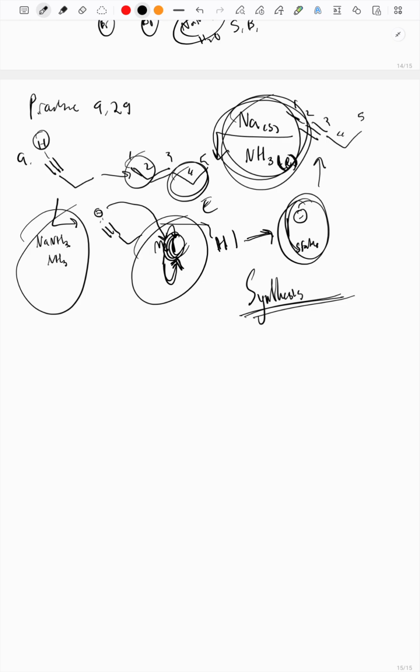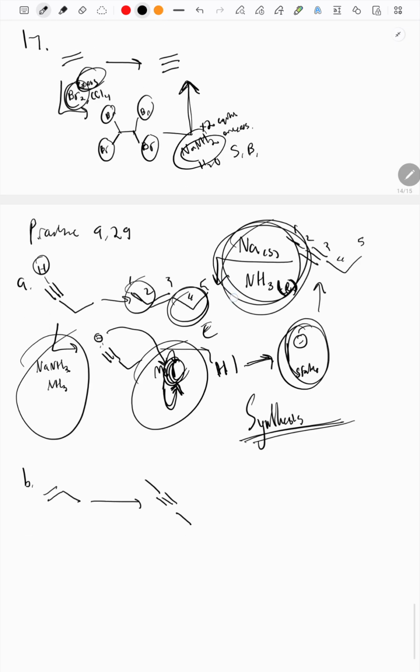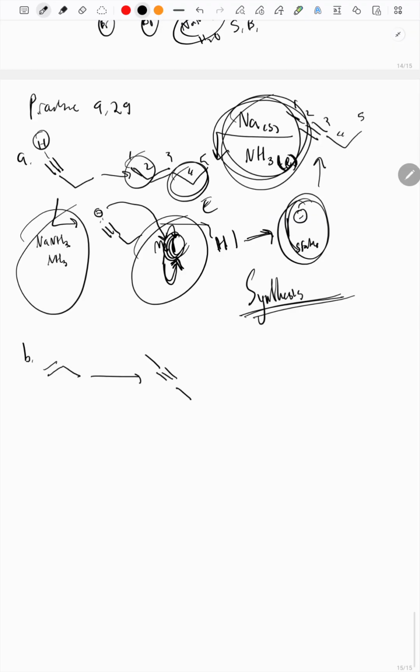Now let's do another practice. B. How do we do this? Well, we learned from our example above that we could turn this into an alkyne, not directly, but first we need to turn this into, okay, let's do a carbon count first. We have 1, 2, 3 carbons. How many carbons do we get here? 4 carbons.